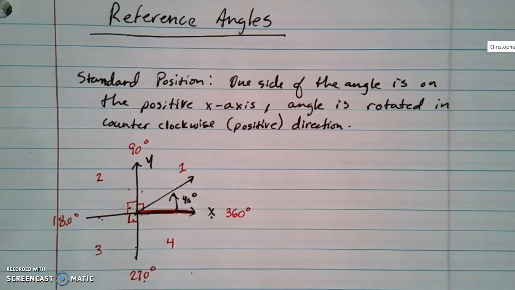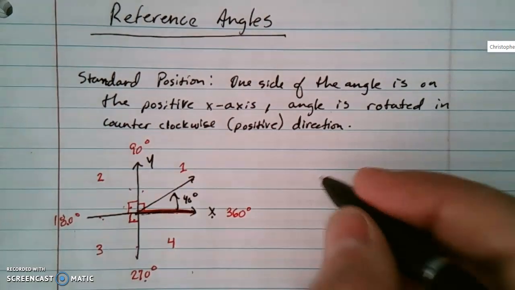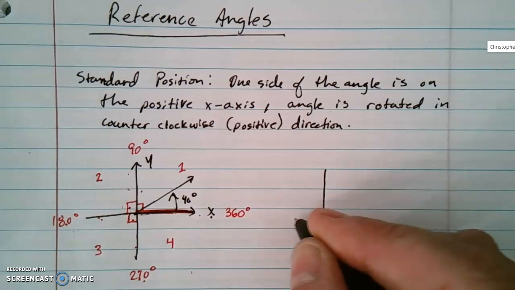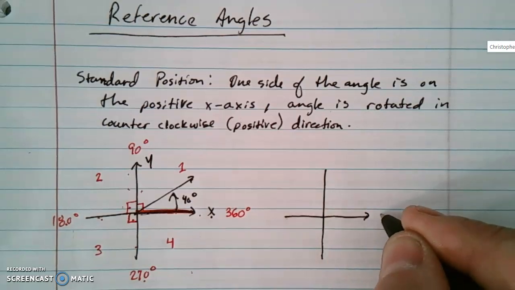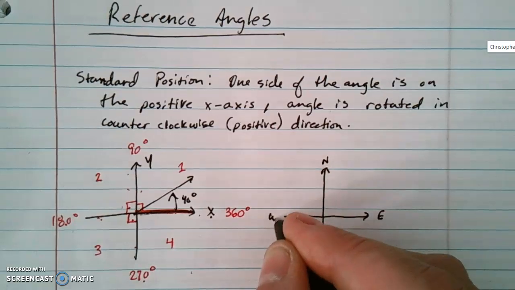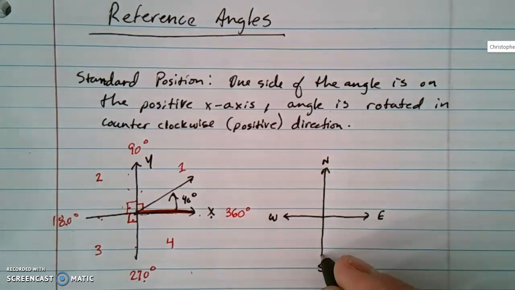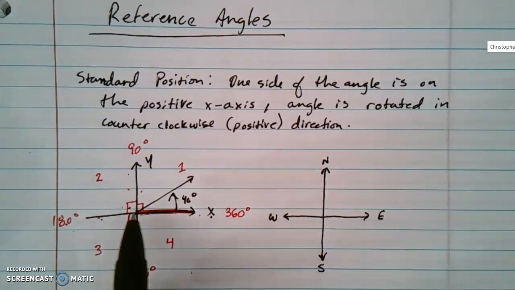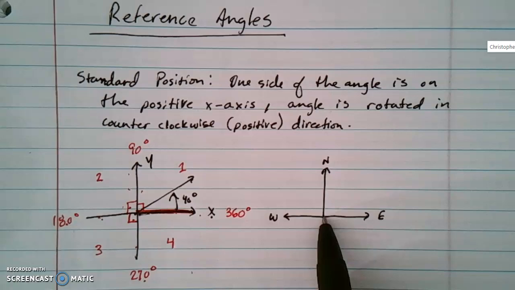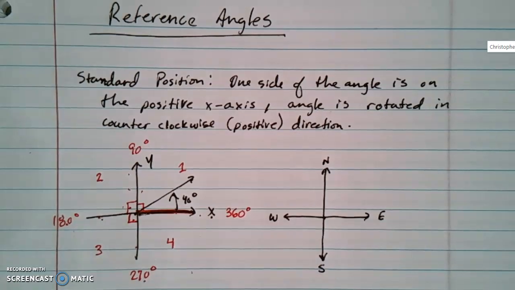Now the reason we need to define standard position is because we take this x and y axis, and in the real world we make what's called a compass rose: east, north, west, and south. And so we can turn a math problem into a real world problem. So standard position is going to help us with that.